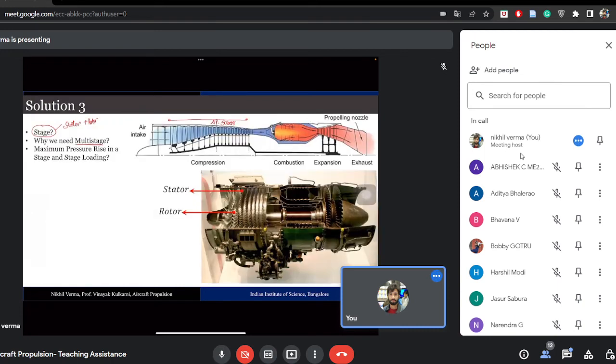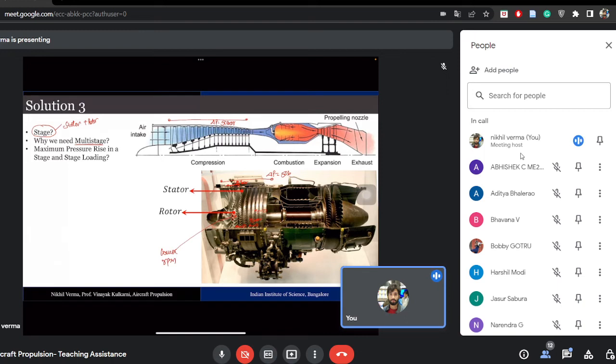If you have a complete delta P of, say, 50 bar, you divide it into 5 stages, 10 bar each, among all those stages. Therefore this can be operated at a lower RPM.